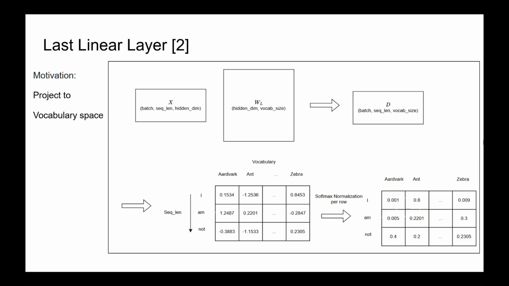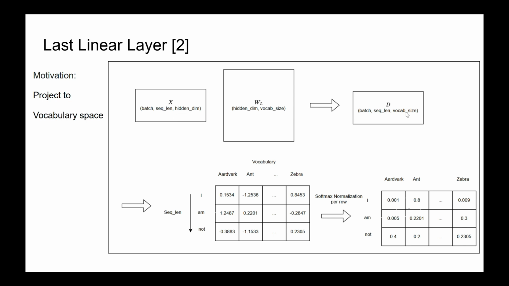Now we are going to discuss the last linear layer. After we have gone through all of the operations in the LLaMA architecture, we should get an output that's already highly contextualized and interconnected in a semantic way. So we have the batch, sequence length, hidden dimension. Now we are going to project this hidden dimension to the vocabulary size.